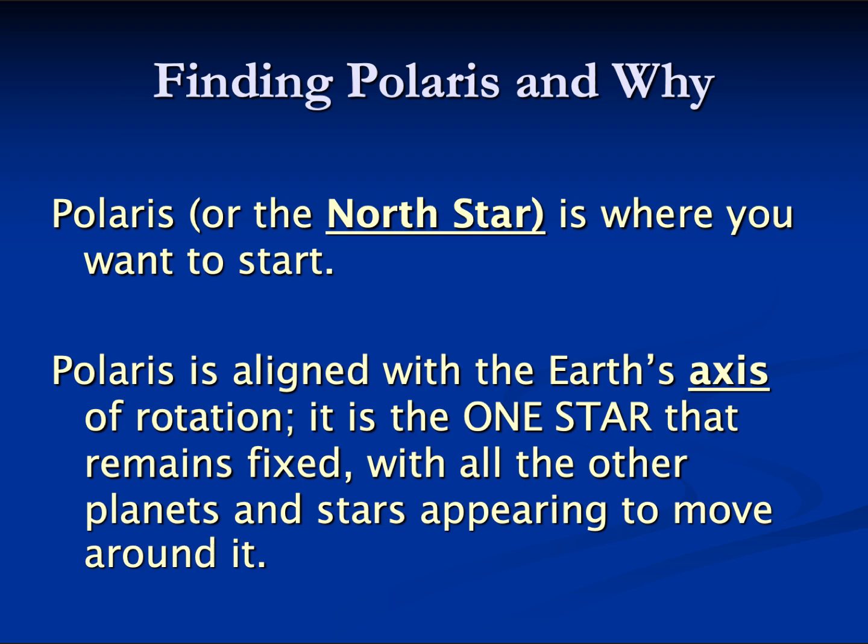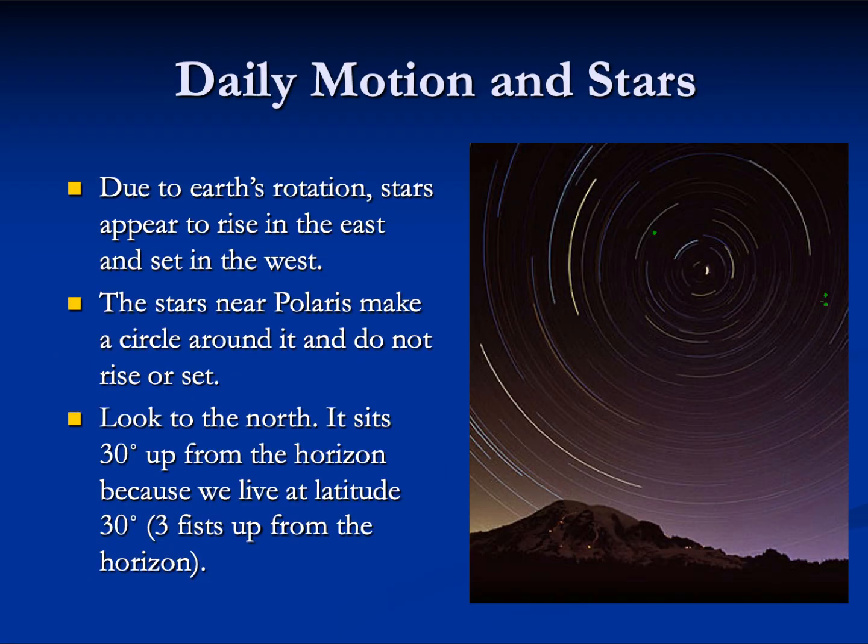Earth's axis points almost directly to Polaris, and as Earth rotates on its axis, Polaris remains fixed while the other stars circle around it. Stars always rise in the east and set in the west, since Earth rotates from west to east counterclockwise. The stars near Polaris seem to trace a circle around Polaris, never quite setting.